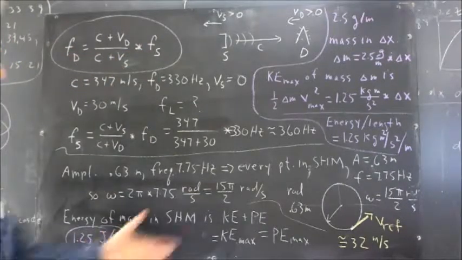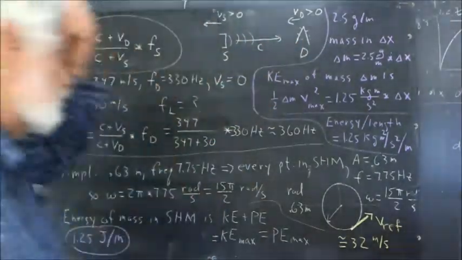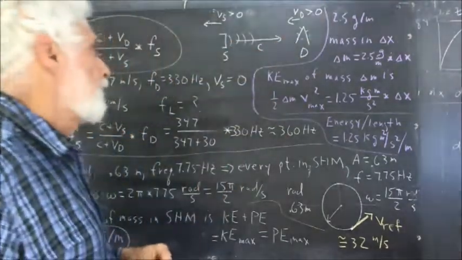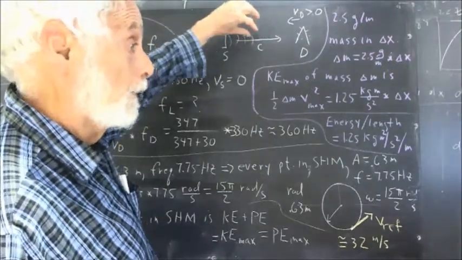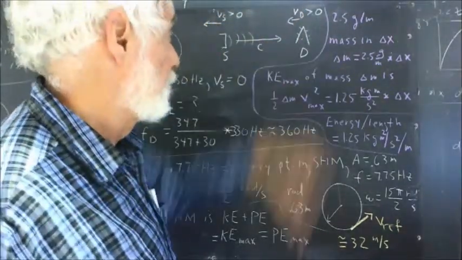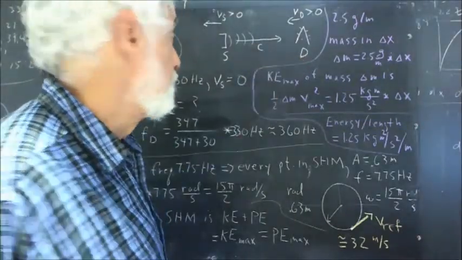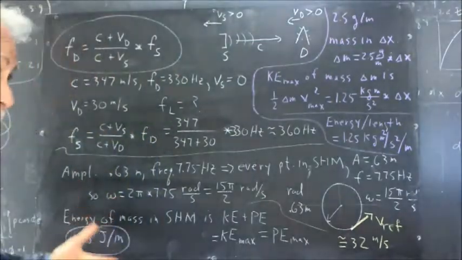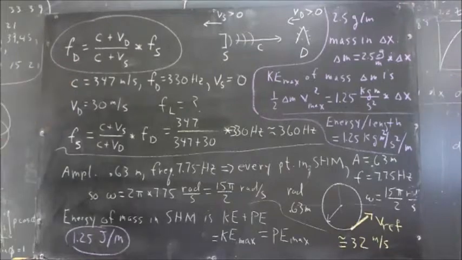Now, if the detector is stationary and the source is approaching it, what does that do? If the source is approaching the detector, then the waves produced by the source bunch up, so they're closer together. They're still moving with velocity c, but they're closer together. That means their frequency is going to be higher. So the source approaching the detector with the detector velocity 0 should give us a higher frequency at the detector.